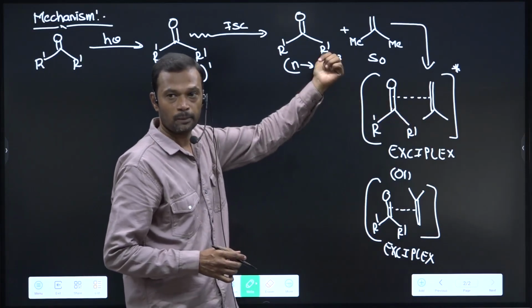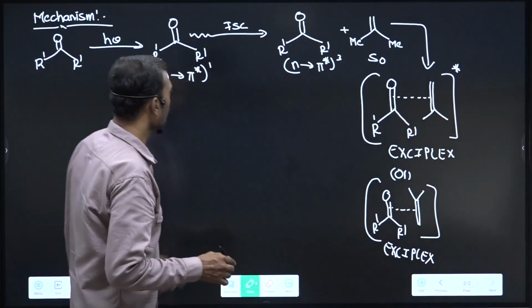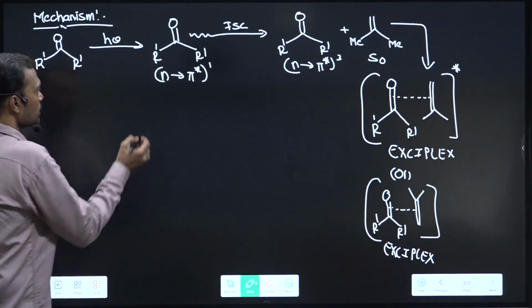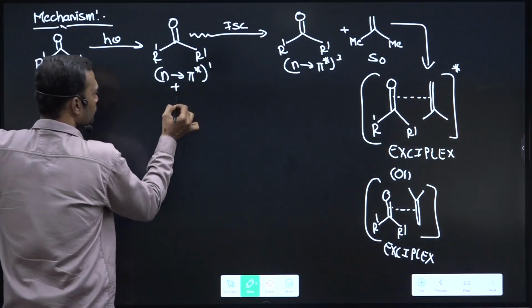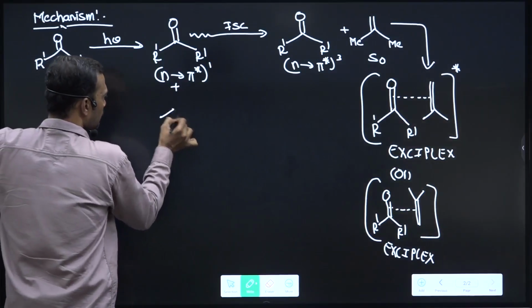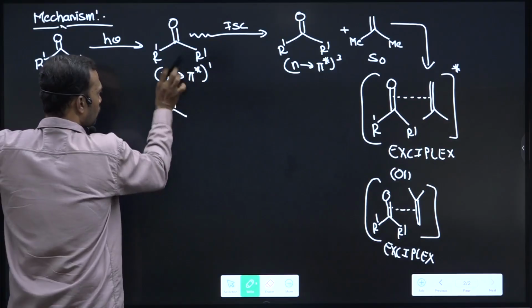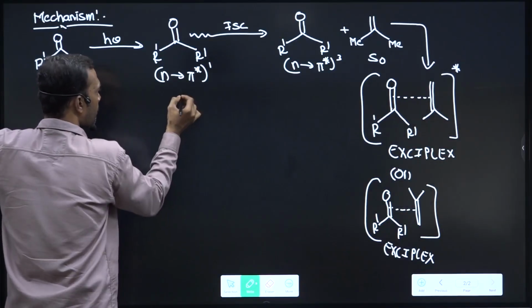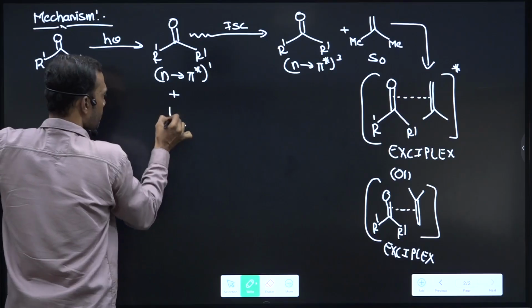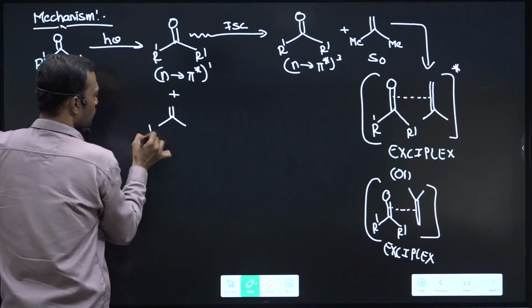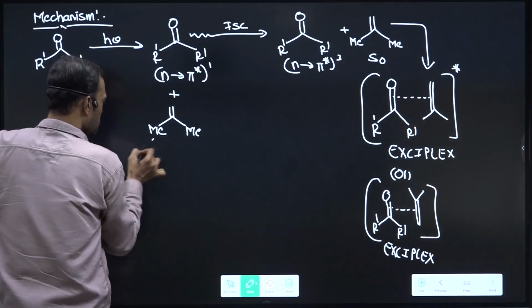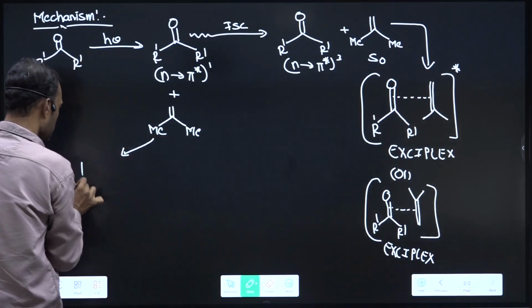Later on, triplet is participating now. Now here singlet or not? This is singlet. Now singlet is going to combine with olefin, the same olefin, one more time I have written. Now singlet is participating in the reaction. When singlet participates, two exiplex formations take place.